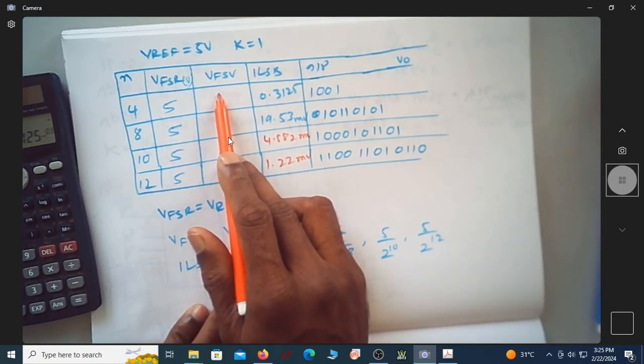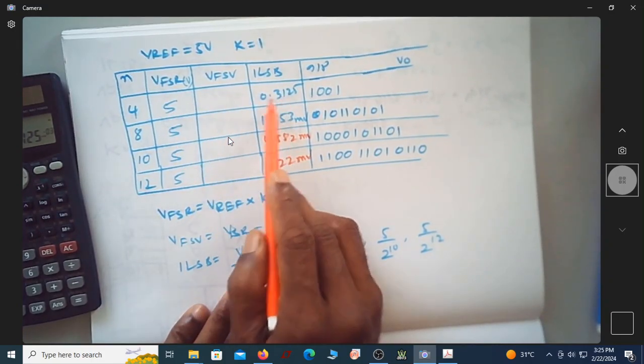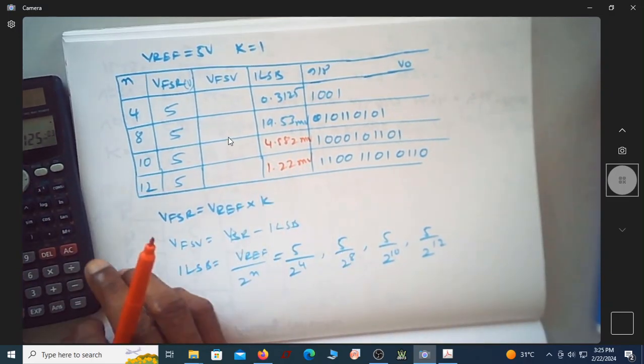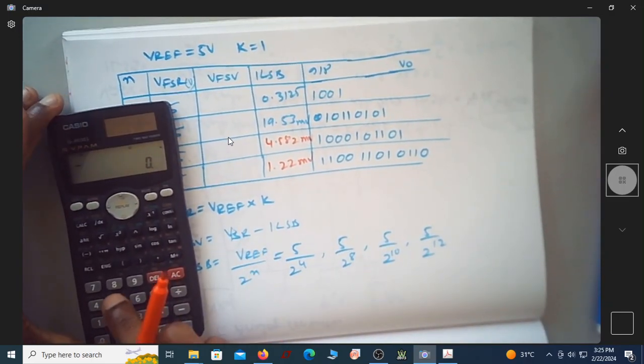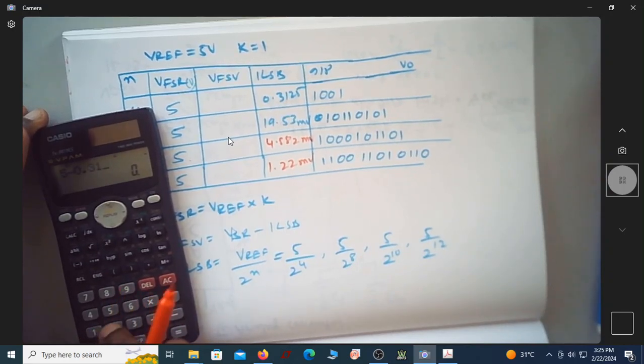Now what is this VFSV? VFSV is actually 5 minus this, 5 minus this, 5 minus this, 5 minus this, which you can easily do here. It is now 5 minus 0.3125.